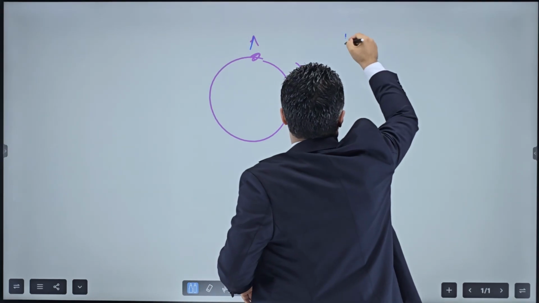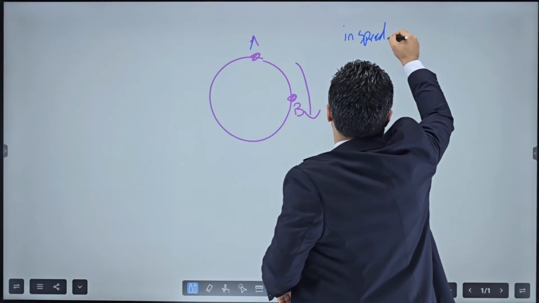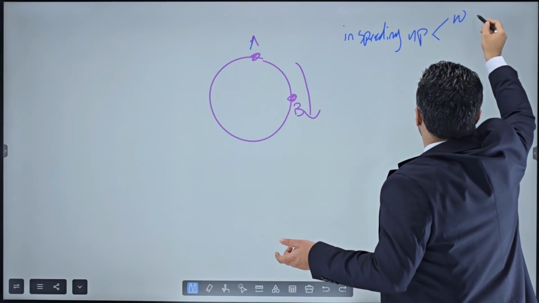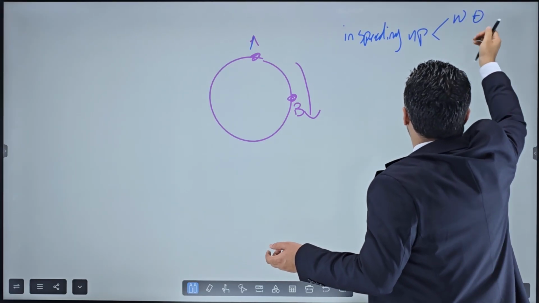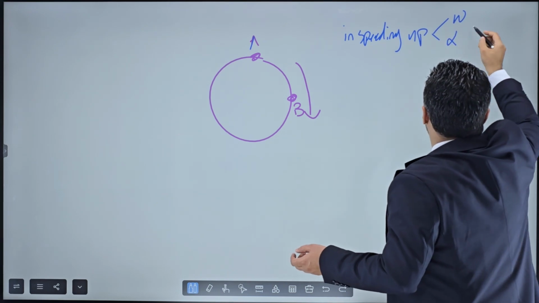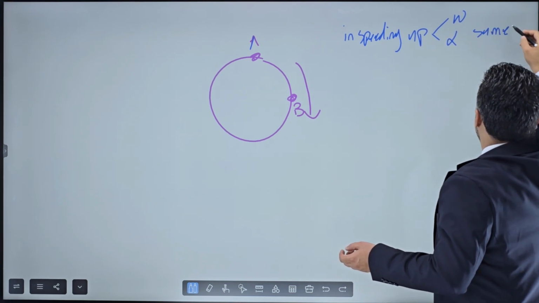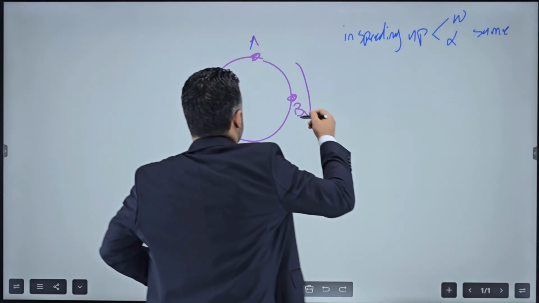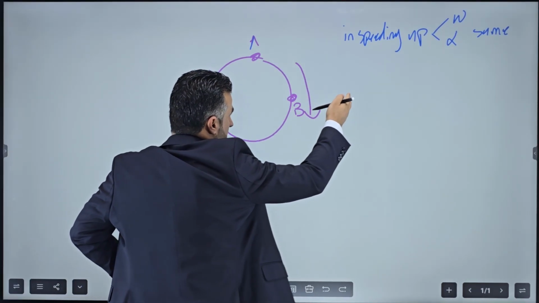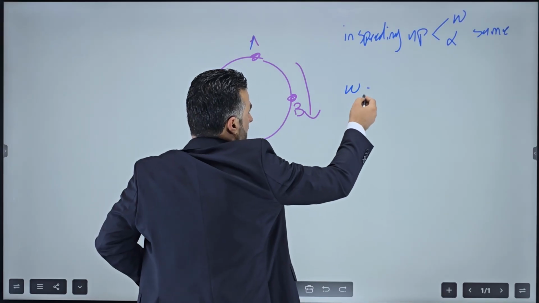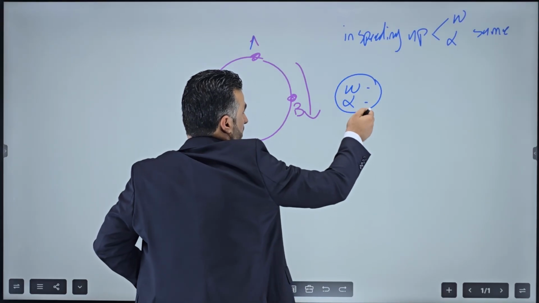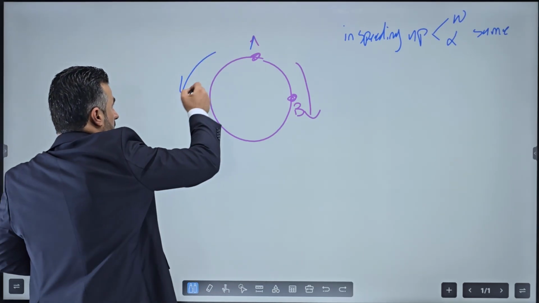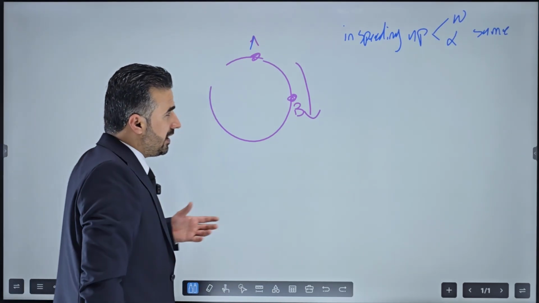In speeding up, we can say angular speed and angular acceleration will have the same direction. Doesn't matter which way they rotate, clockwise or counterclockwise. So if it is clockwise, that means angular speed is negative. It is speeding up, so acceleration will be negative. And of course, you could take some numbers just to prove that. If the rotation is counterclockwise, they will be both positive. Okay, and we just showed that.